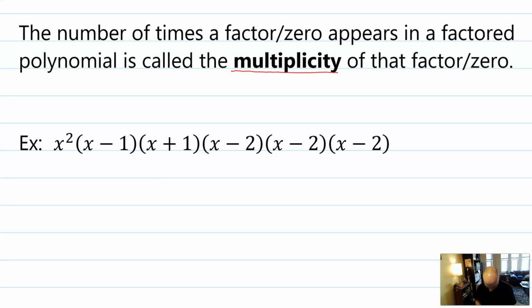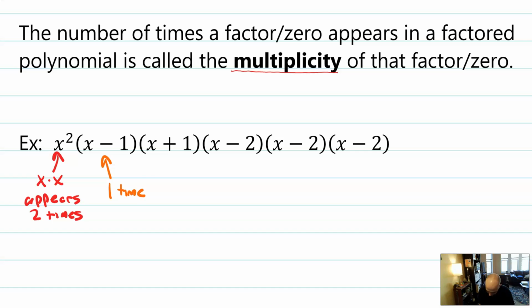So, I have prepared for us a really icky, sticky polynomial that has all kinds of things going on. But I want to go through and look at the different factors and count how many times they appear. So, x squared is really x times x. So this appears twice. X minus 1 I only see once, so this appears one time.